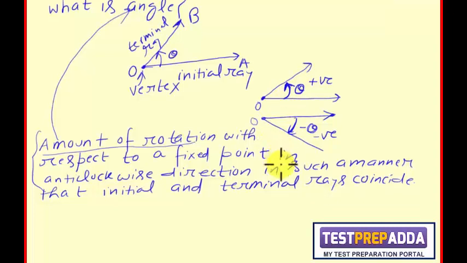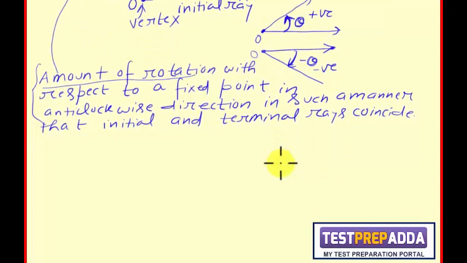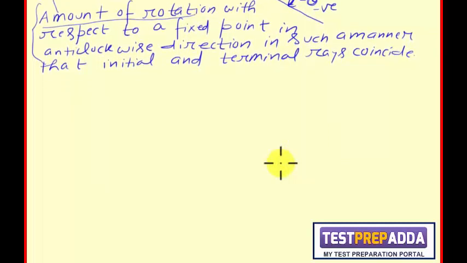Now the question arises. How do we measure this angle? How much is the amount actually? So if I take the XY axes, they are mutually perpendicular. This is the XY plane.